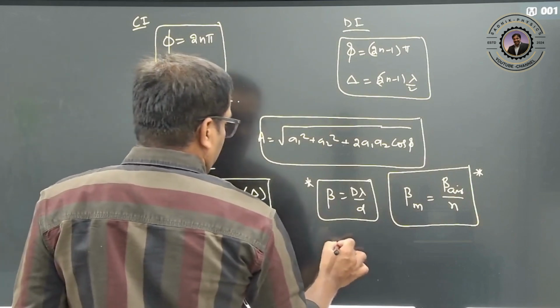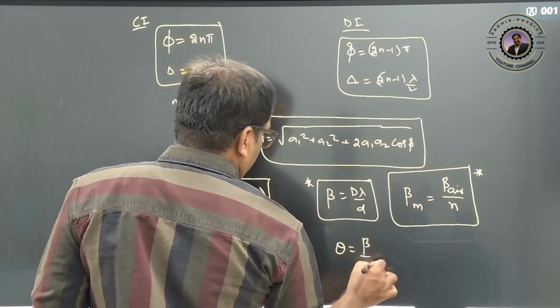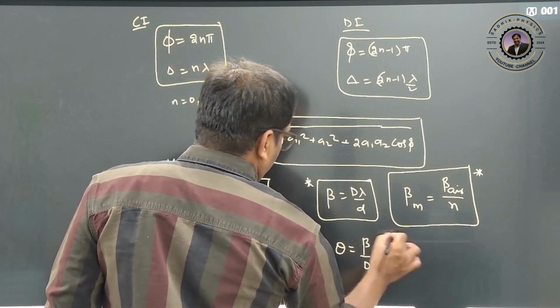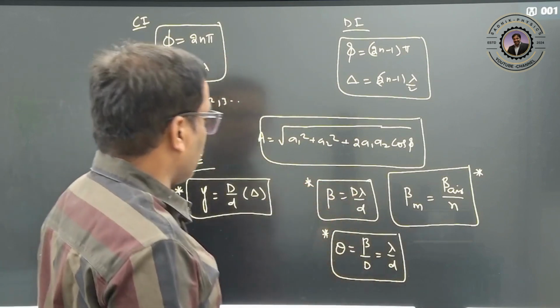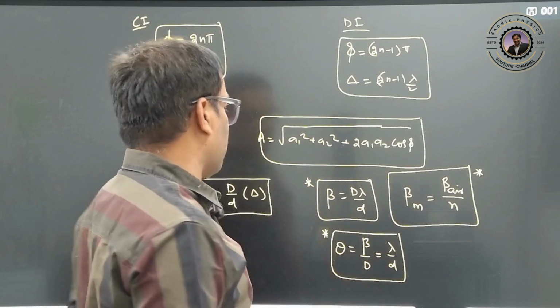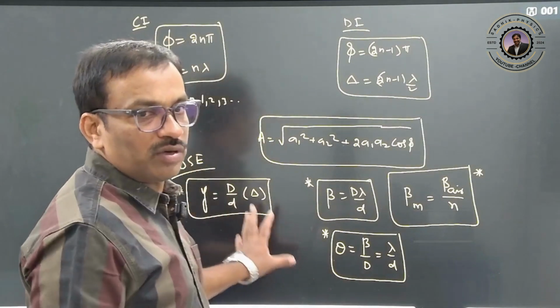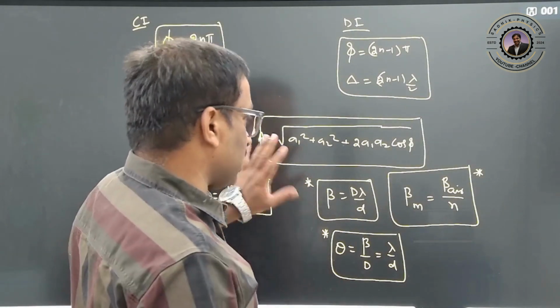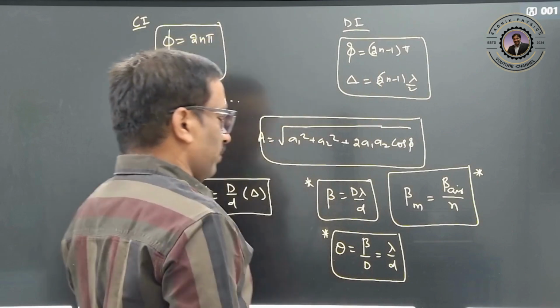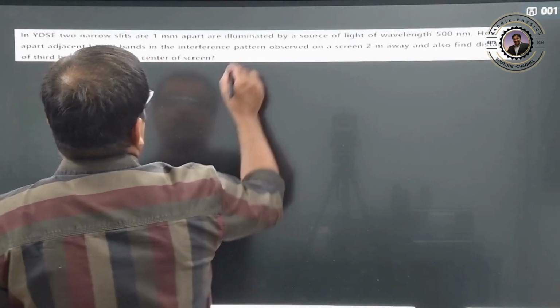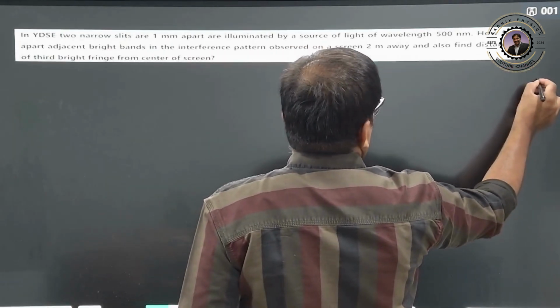Angular fringe width is beta by D, which is nothing but lambda by d. For more clarity, go through the theory compulsorily first, then come back to this, then we will see the questions one by one.